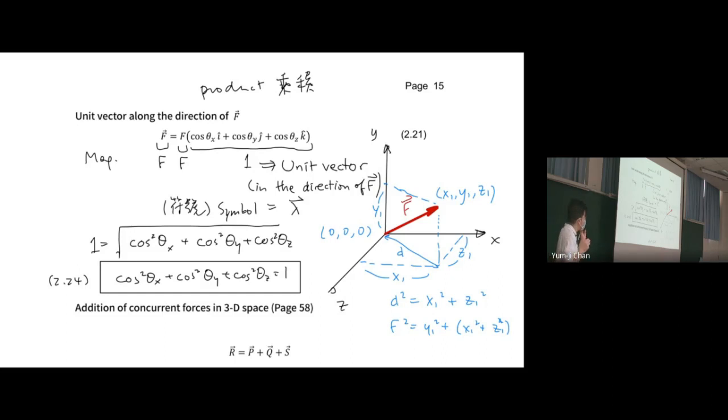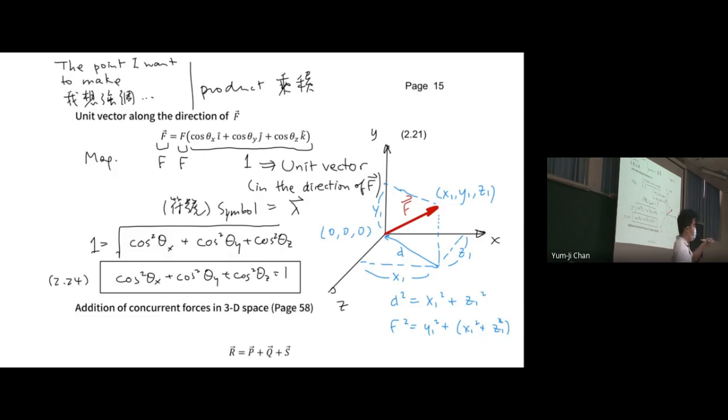Therefore, we have this relationship. Is that okay? So the point I want to make is that theta x, theta y, and theta z are not independent quantities.